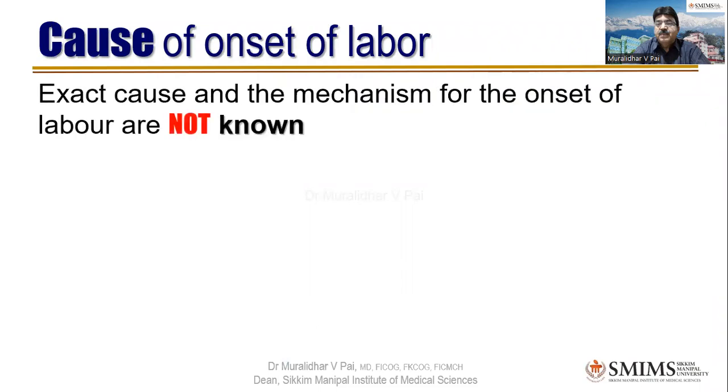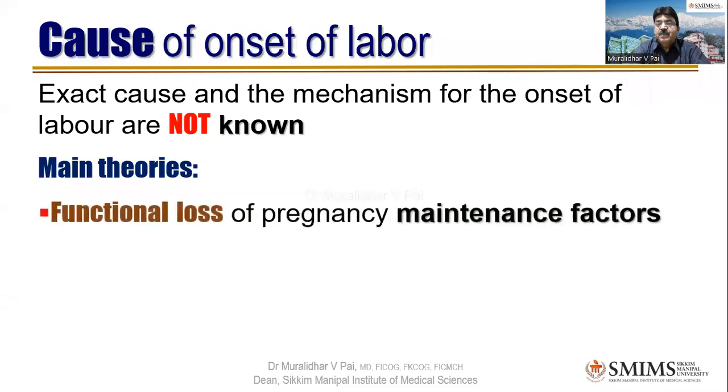Now, the cause of onset of labor is the most important question. And the usual disclaimer is that the exact cause and the mechanism for the onset of labor are not known. This is a standard statement before we explain any cause or etiology or other mechanisms. Having said that, there are a lot of theories, and the two main theories are: number one is functional loss of pregnancy maintenance factors.